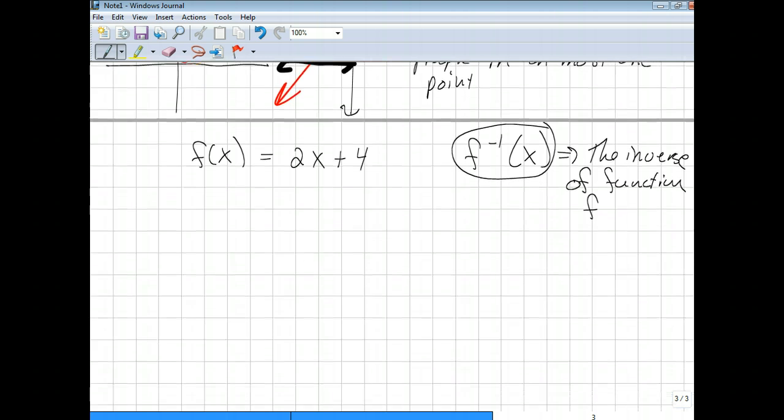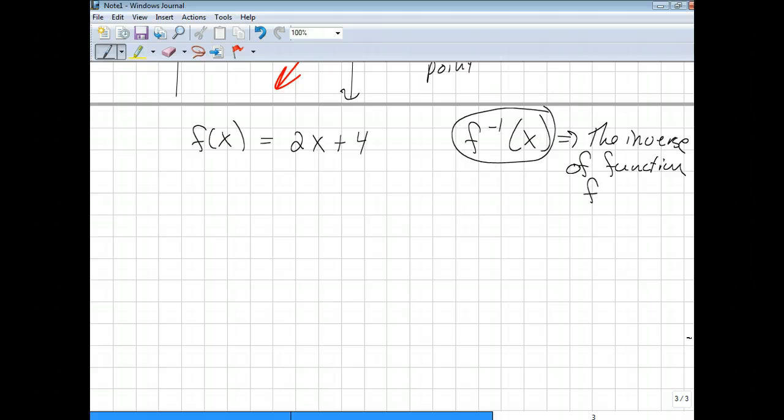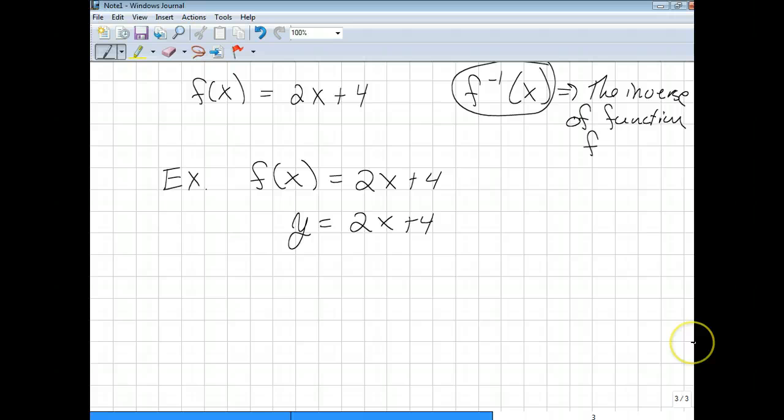Remember when I graphed the inverse, all I did was switch the x and the y. To find the inverse function of 2x plus 4, step number 1 is replace f of x with y. Then you switch the x and the y.